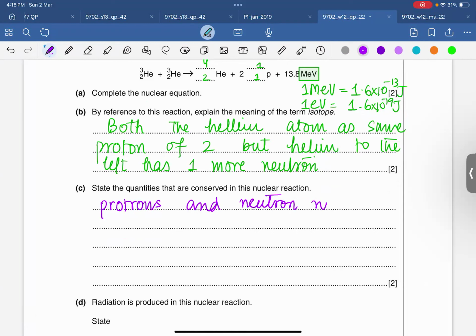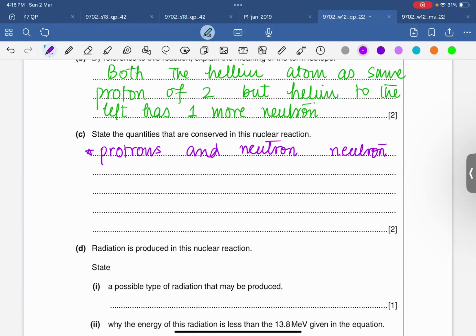What about the momentum? We say the momentum.